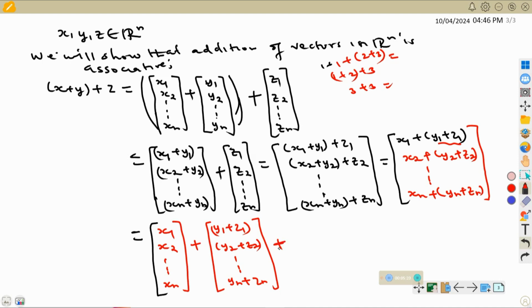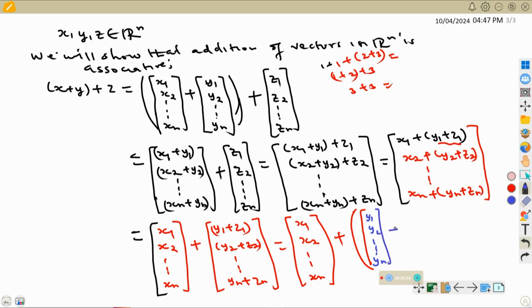We can clearly see that this is still the same as having x1, x2 up to xn plus, I can open one bracket here, I say this is the same as writing y1, y2 up to yn, adding there z1, z2 up to zn.